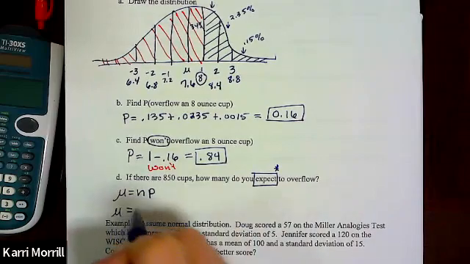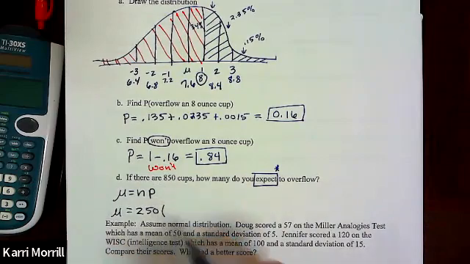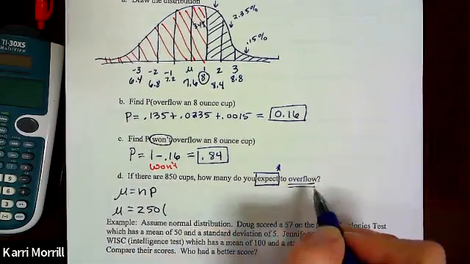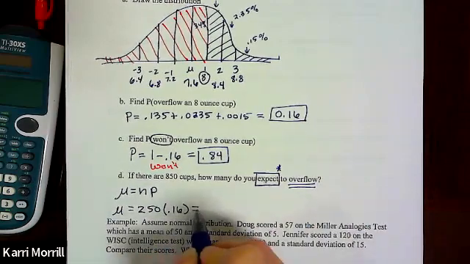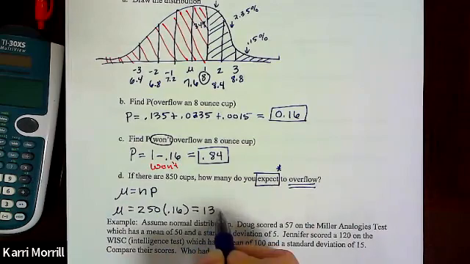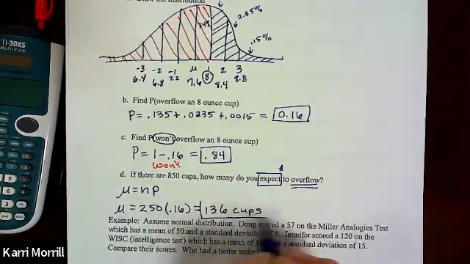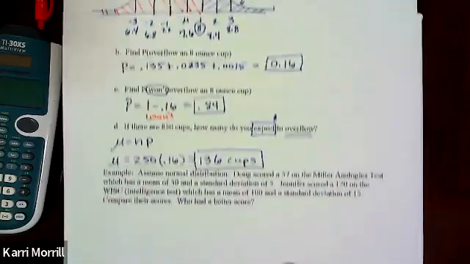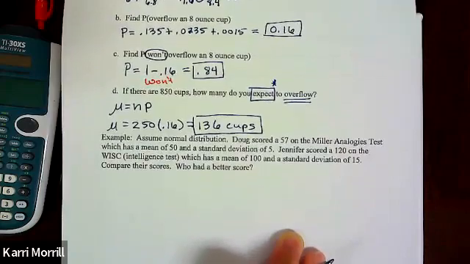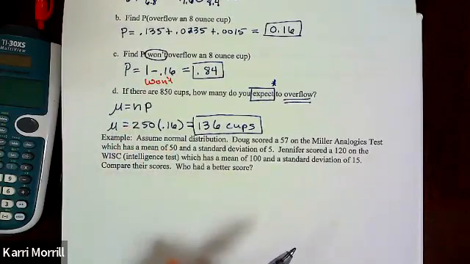So we're saying 850 cups times the probability that it would overflow, that's what we're calling favorable, is 0.16. So we're going to do that in our calculator, and that's 136 cups. So it'll continue to build on concepts all through each unit. We'll keep using that concept we learned in the previous unit.